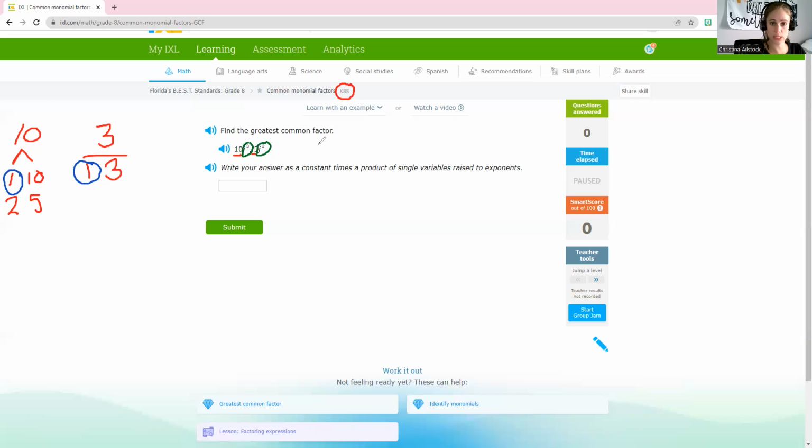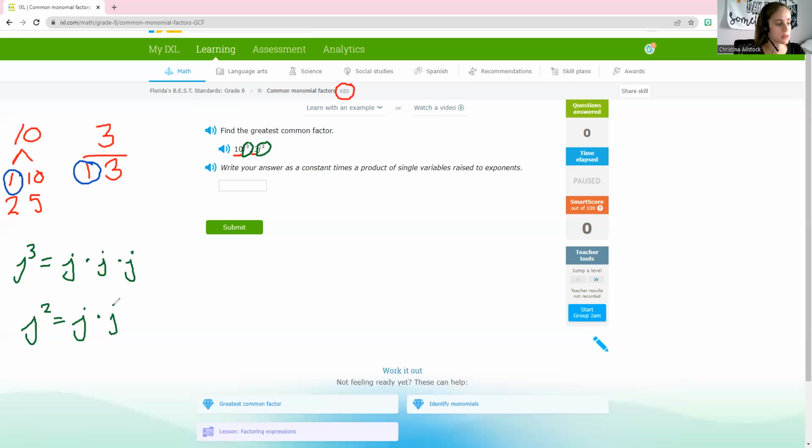Similar to our numbers here, if we break down j cubed in expanded form, that means j times itself 3 times. And then our second one is j squared, which means j times itself twice.